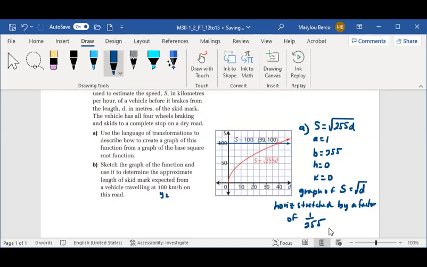And basically for B, the expected skid mark from a vehicle traveling at 100 kilometers per hour is approximately a 39-meter skid.